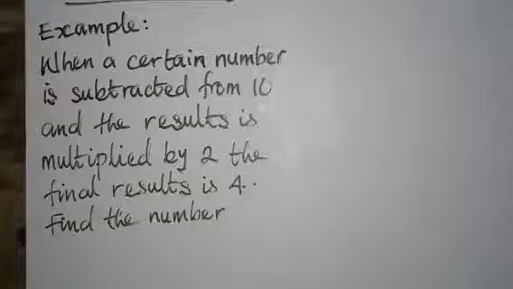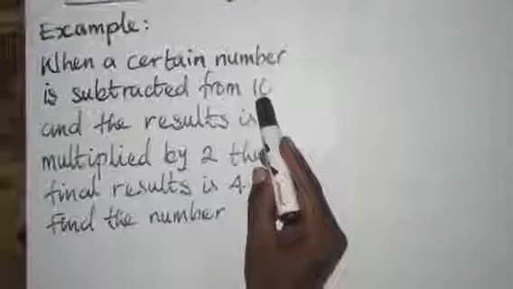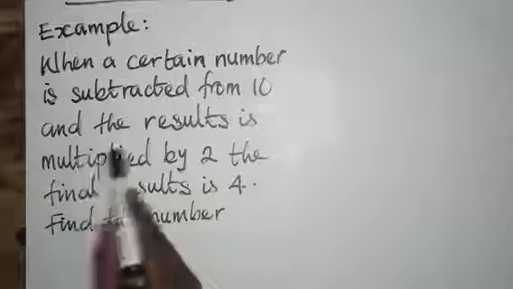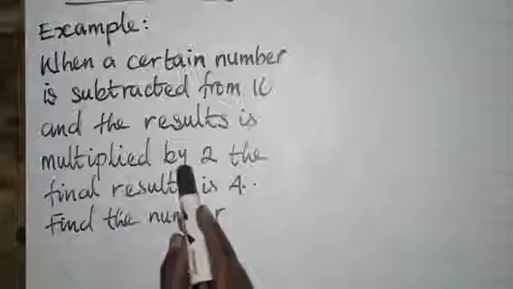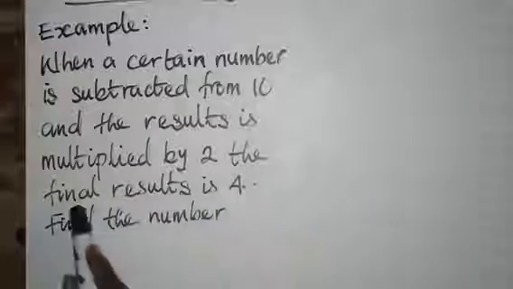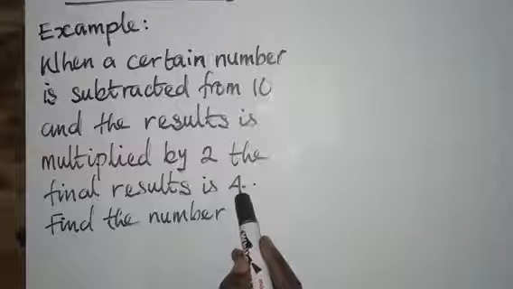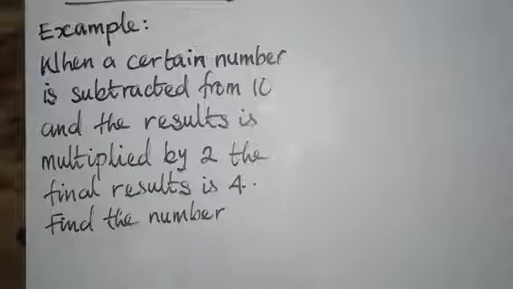Good. So we see the example. It reads, when a certain number is subtracted from 10 and the result is multiplied by 2, the final result is 4. Find the number.